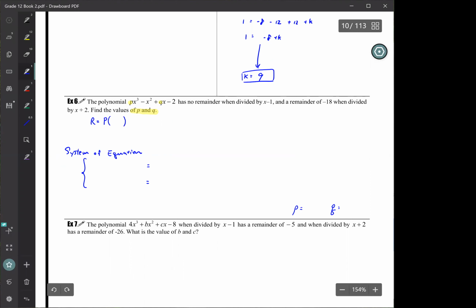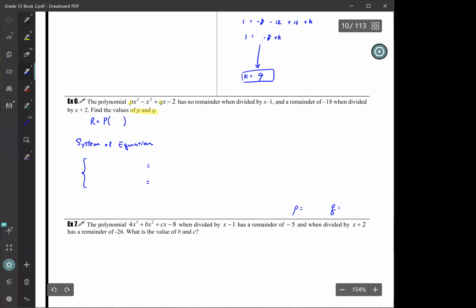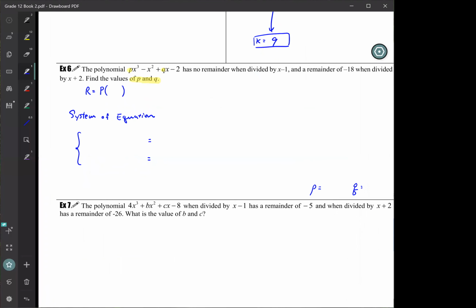Okay, I would like to check the first equation. Okay, Tiana, do you have the first equation? No. Do you know how to get the first equation?